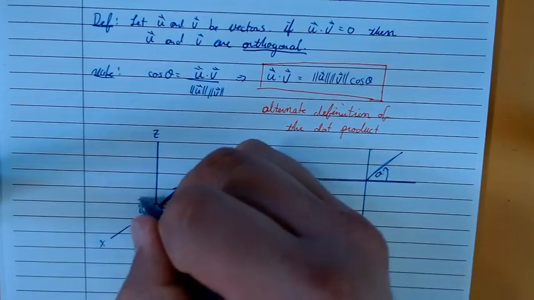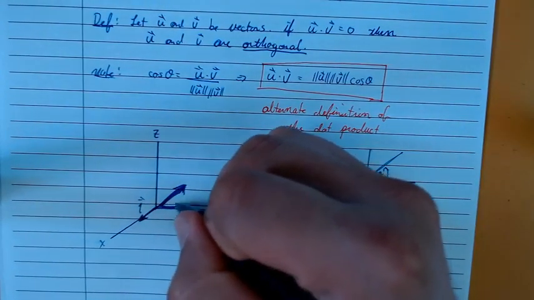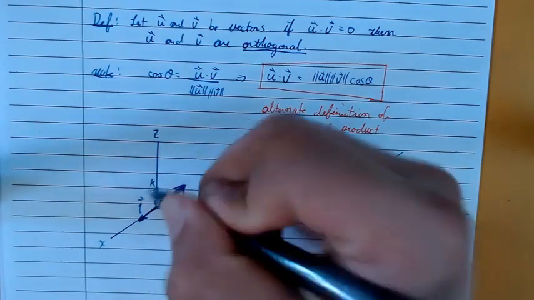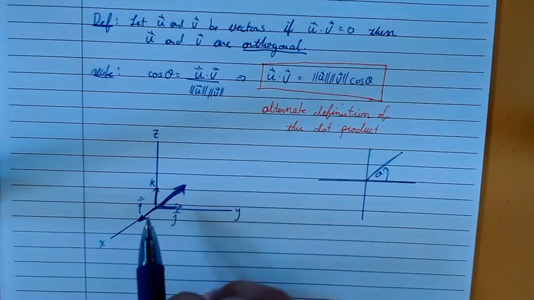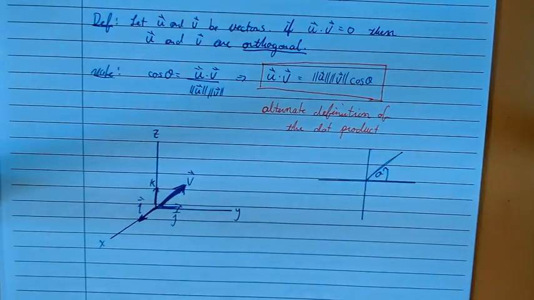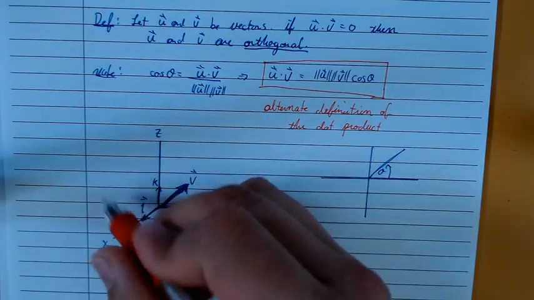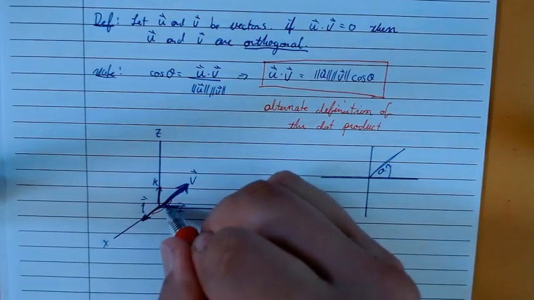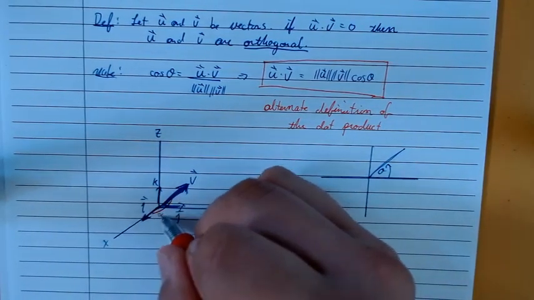Oh, well, that's the vector i. And that's the vector j. And that's the vector k. So if I can find the angle from the vector i to my vector v, I'll call that alpha. And again, that's the shortest angle, alpha.